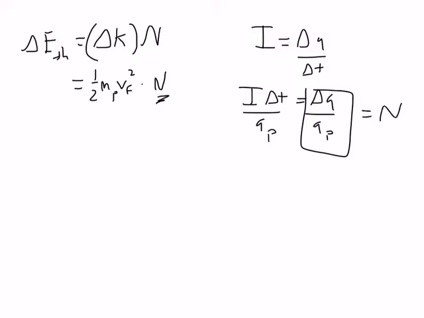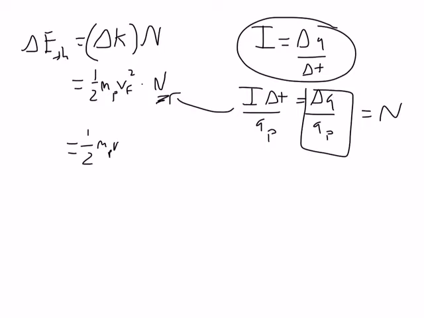So this is n. And so this is why I think this is a good physics 2 question, is that this relationship is an important one to being able to solve this problem. And so this just goes right in here. So 1/2 m_p v_p squared times I delta t over the charge of a proton.